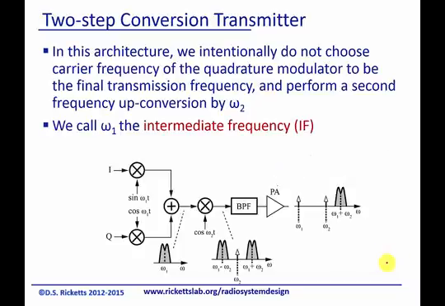And as you've seen all along, we call omega 1 the intermediate frequency, or IF. And so it's always going to be referred to as IF. And it's basically the omega 1 will be the difference or the offset of the signal from our final RF carrier. And I should just mention too here that omega 2 is what we would call the RF signal, if you will, or the RF carrier.